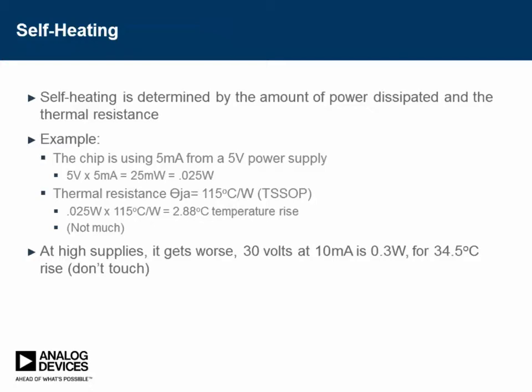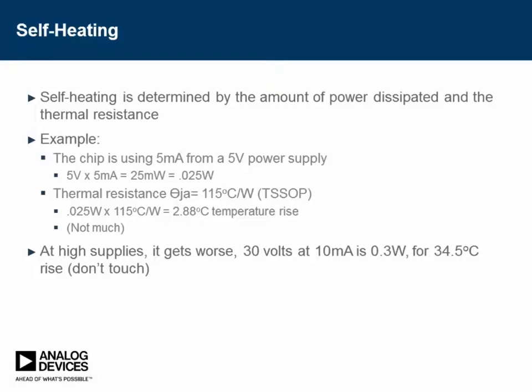And if it has what's known as the thermal resistance theta junction to ambient of 115 degrees C per watt, that's a small package. The temperature rise in this situation is only 2.88 degrees, so that's not going to hurt anything.